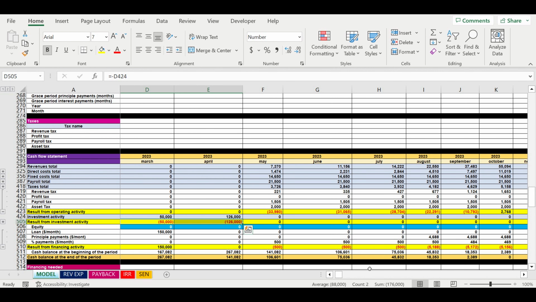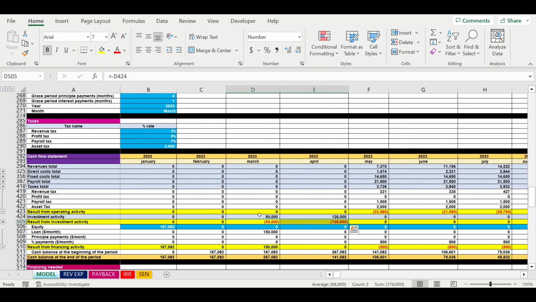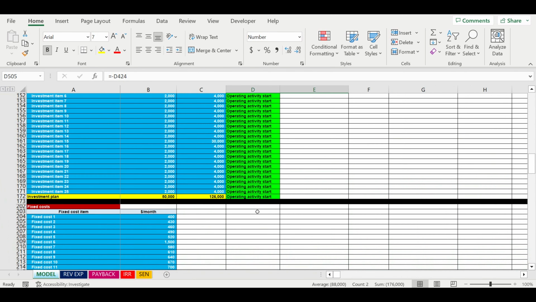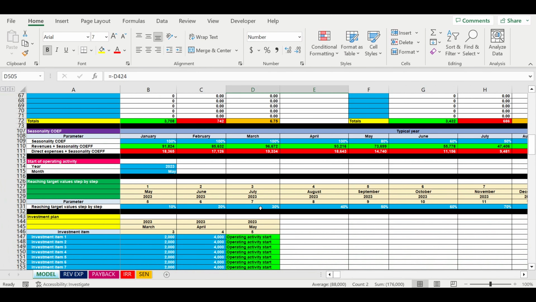So the amount of financing that you need to start the business will be different depending on the speed of reaching these target revenues. And playing with this input, you will be able to see bad, basic and good scenarios of investment capacity for your business idea.